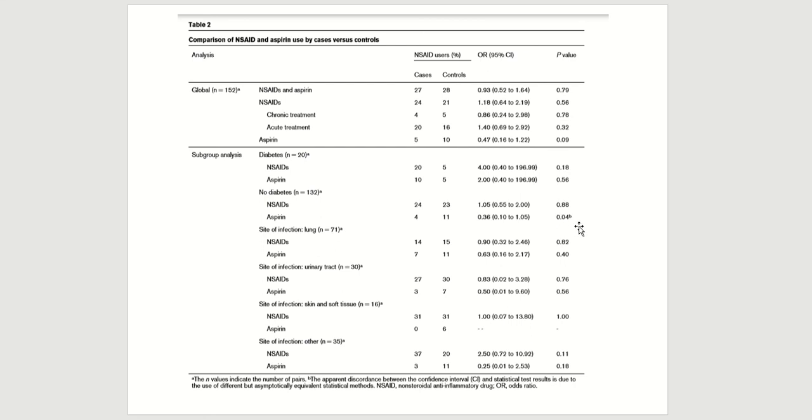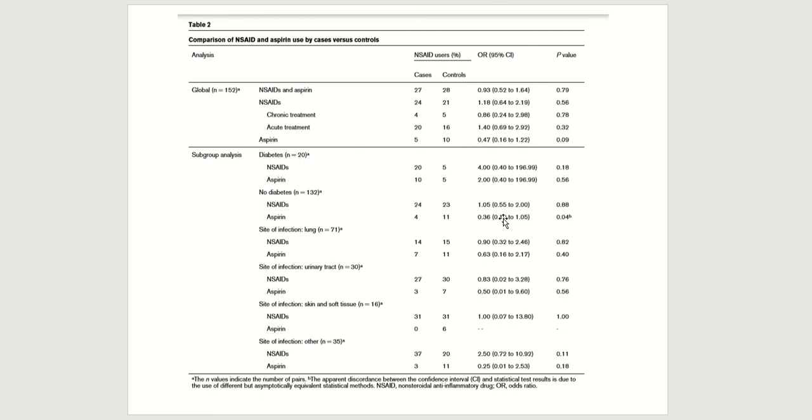The only time that we're going to run into trouble is over here. Here you have a p-value of 0.04, which is less than 5%. Your confidence interval should not cross 1. However, for them it's showing that it's crossing 1, and that's probably because of some sort of correction to the formula that they're using.